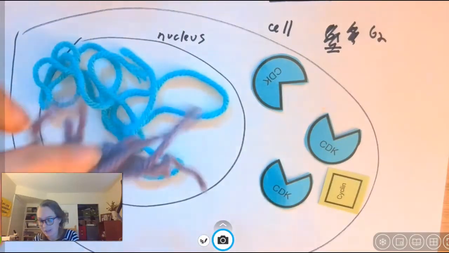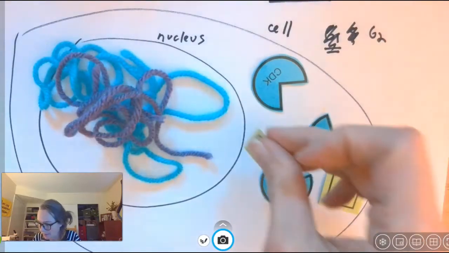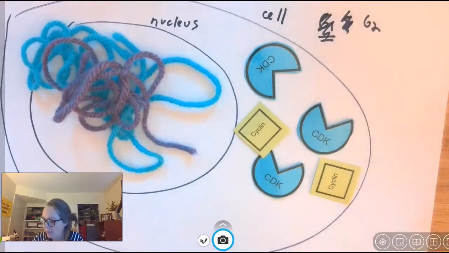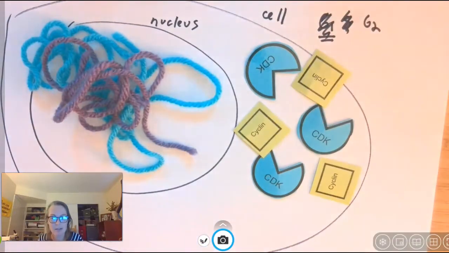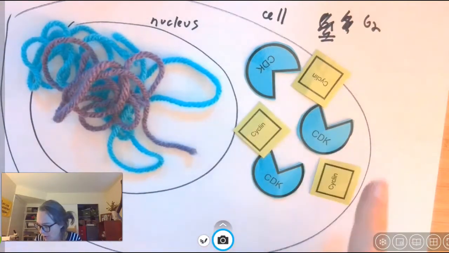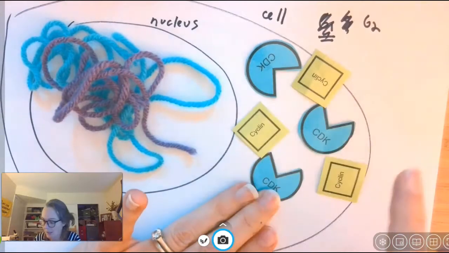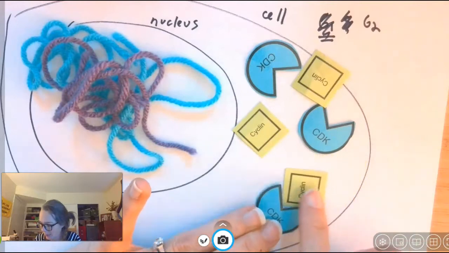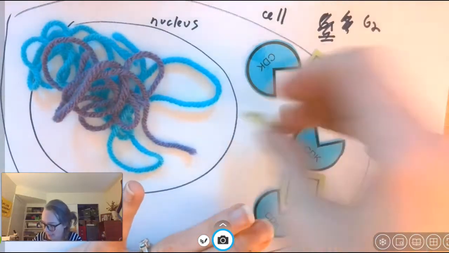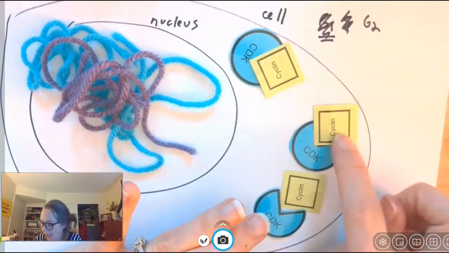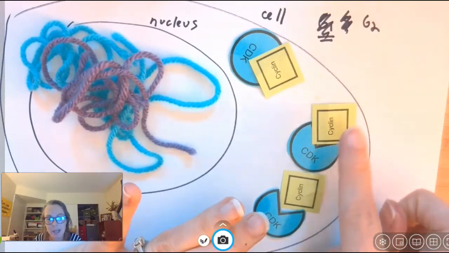As the DNA continues to replicate, we continue to make G2 cyclins. As we proofread the DNA, we continue to make G2 cyclins. Once again, the CDK was always present, but the G2 cyclin started to build up and join to its CDK, because there are different kinds of CDKs.